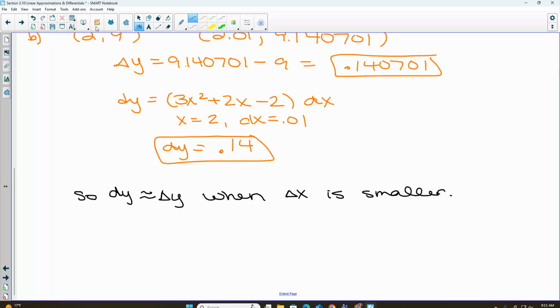All right, one situation where differentials come up is in calculating the maximum error of something. If you think about a manufacturing process, if you're making something, there are multiple parts that each get made and put together to make a bigger item, right? Is every single part going to come out exactly the same? No, there's going to be some variation.